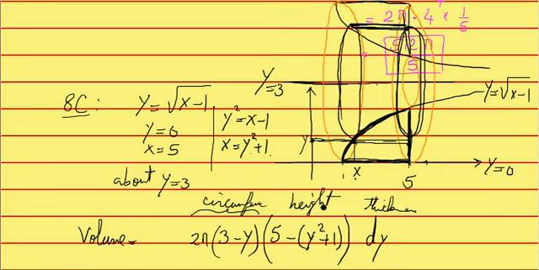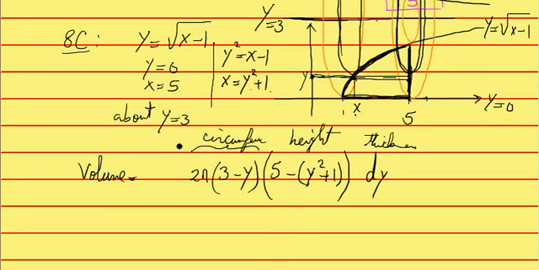Our difficulty was finding height, and the main difficulty was to write it in terms of y. To do that, we had to turn this equation around and write it as x in terms of y, so that I know this distance, and once I know that, I can find the distance from that point to 5 by simple subtraction.